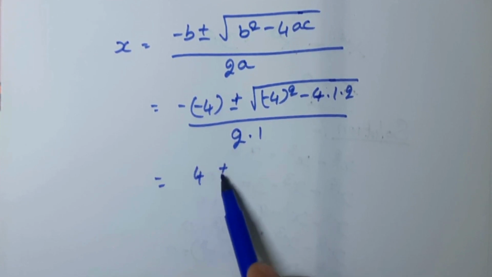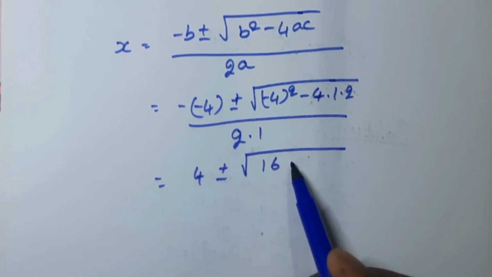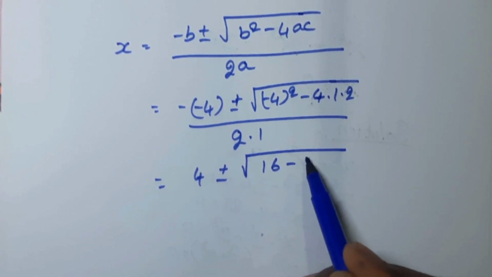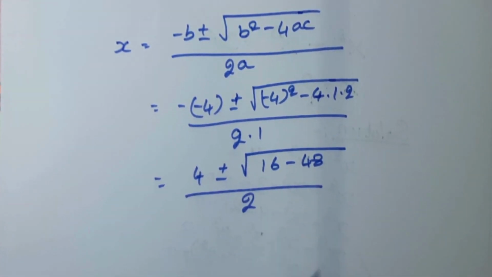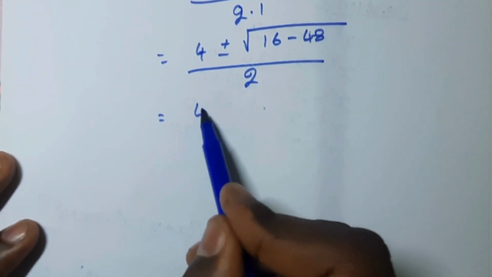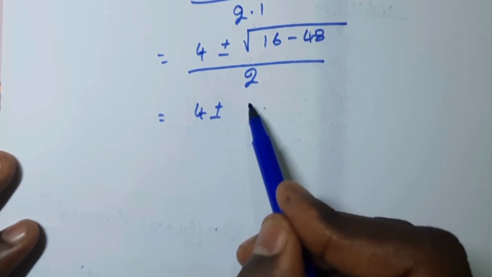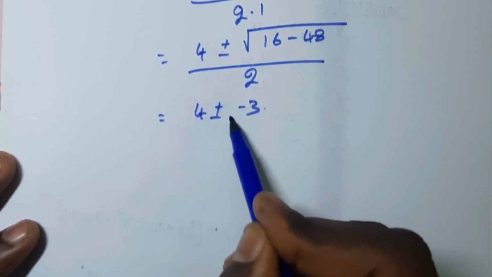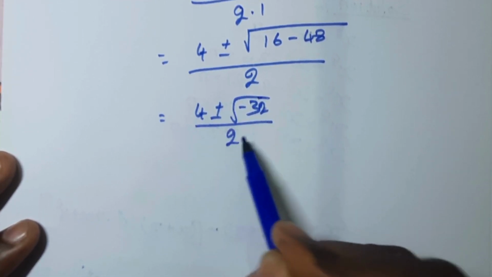4 plus or minus square root of 16 minus 48 by 2 equal to 4 plus or minus square root of 32 by 2.